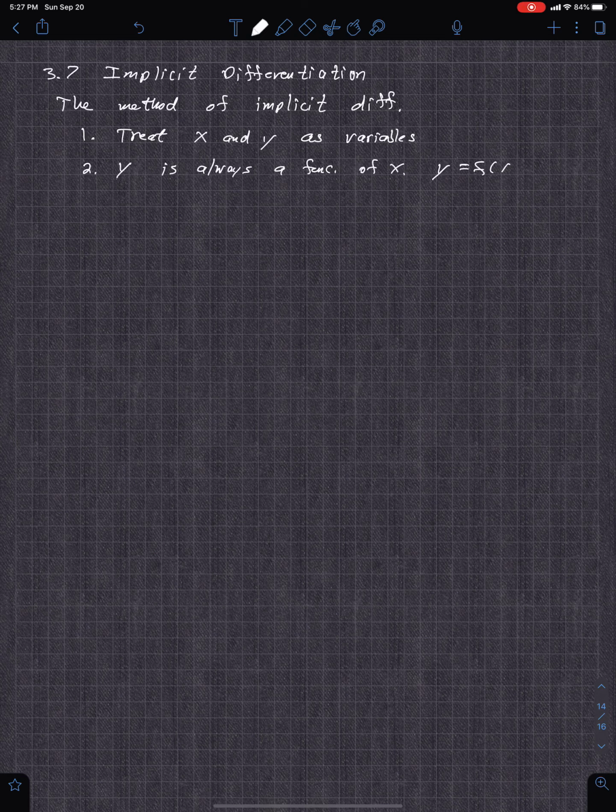So for example, let's just do my simple example I just showed you. x squared plus y squared equal to 1. We could solve for y. So this is actually equivalent to saying y is equal to plus or minus, meaning you get a top half of the circle and a bottom half of the circle, the square root of 1 minus x squared.